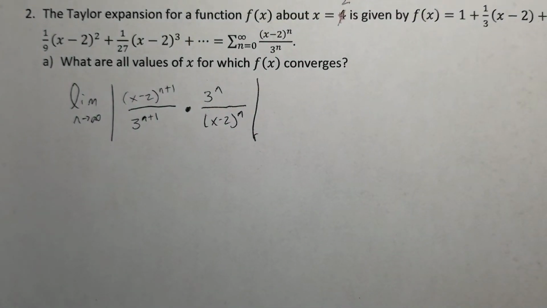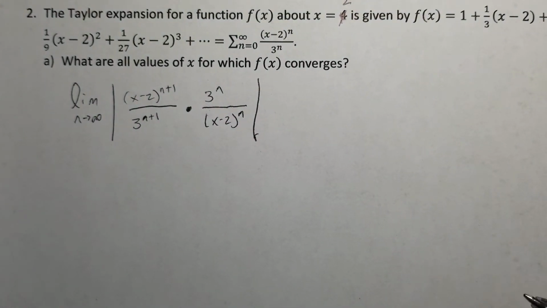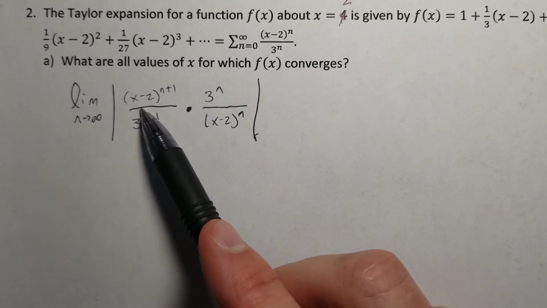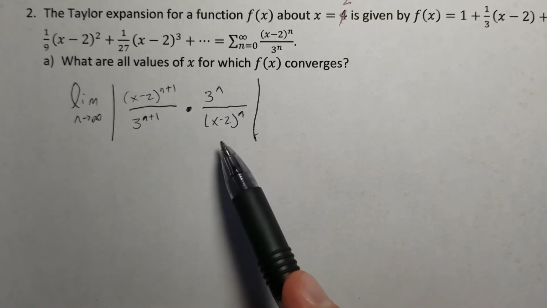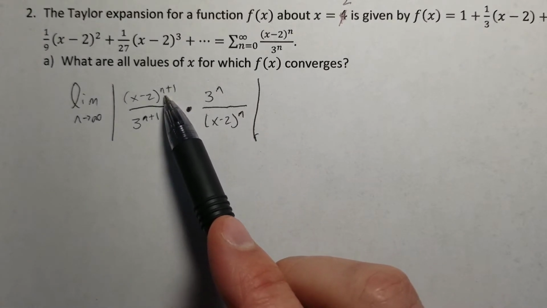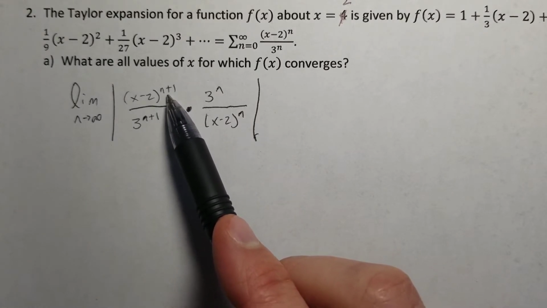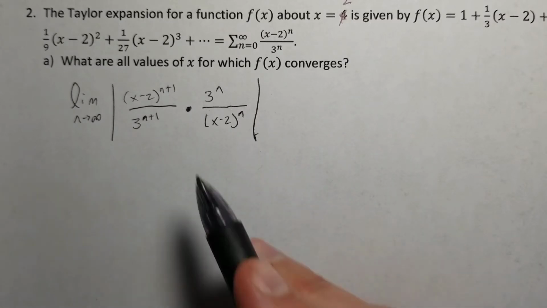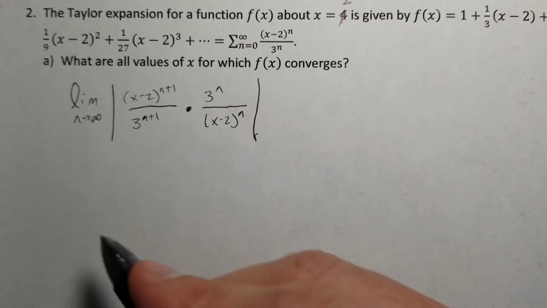So let's go ahead and start to simplify this. Let's start with x minus 2 to the n plus 1 over x minus 2 to the n. The division property of exponents means that we're going to subtract our exponents, and we'll be left with x minus 2 to the first.